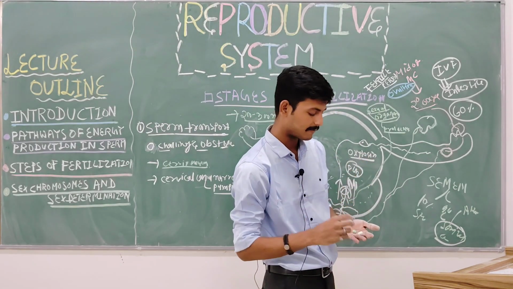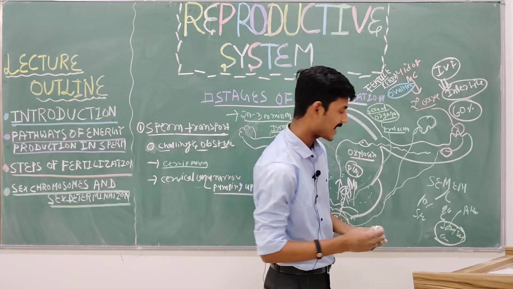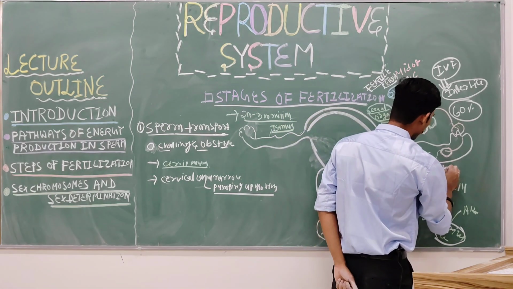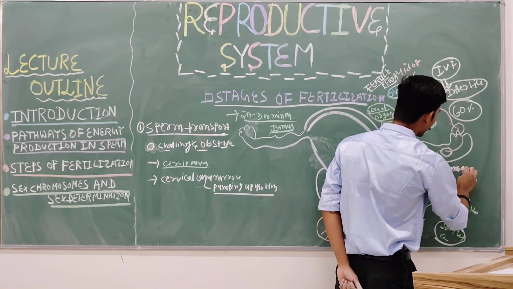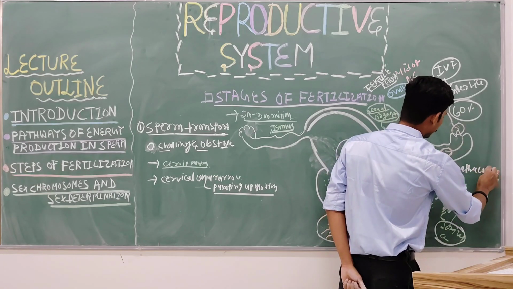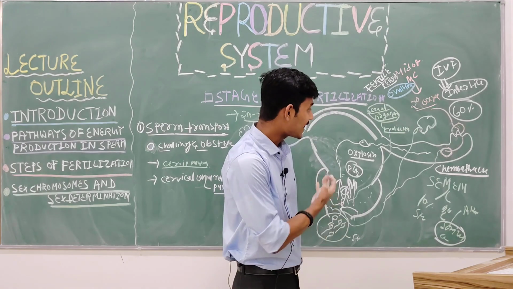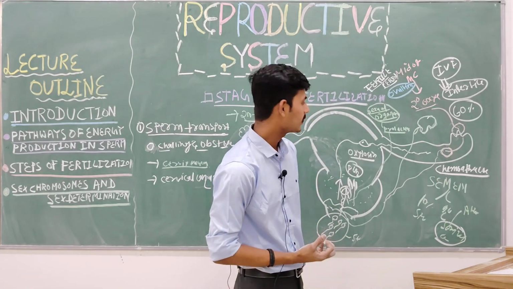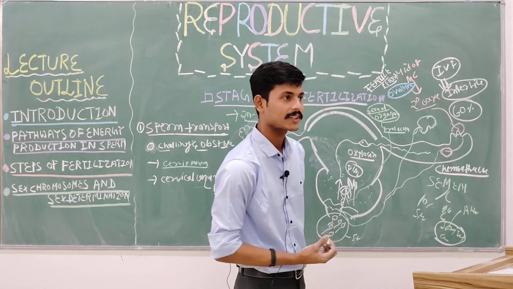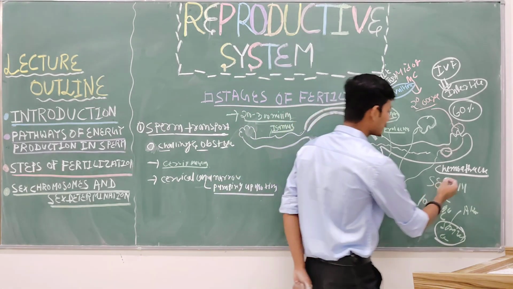The perfume is referred to as a chemoattractant. Write it down. It's referred to as a chemoattractant, and the process by which the secondary oocyte attracts his boyfriend is referred to as chemotaxis.